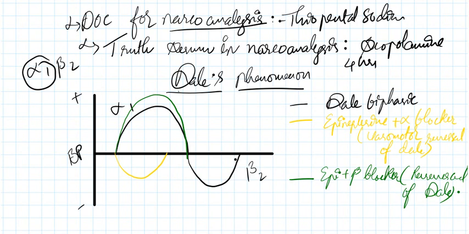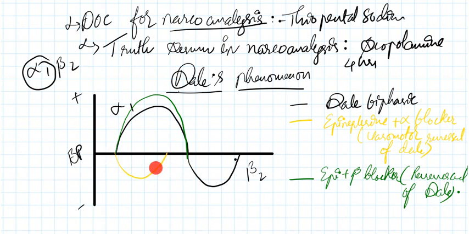So even though epinephrine is there, there will not be any alpha-1 receptor activation. So the blood pressure of the patient decreases, instead of increasing due to epinephrine, because the alpha receptor gets blocked.